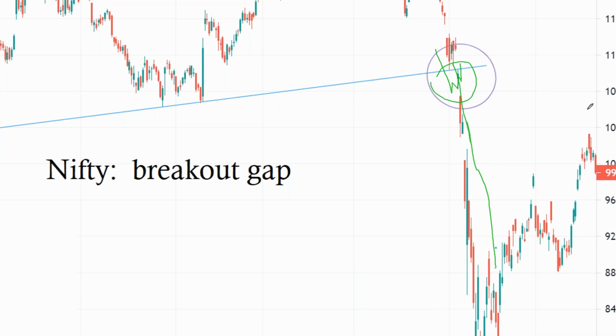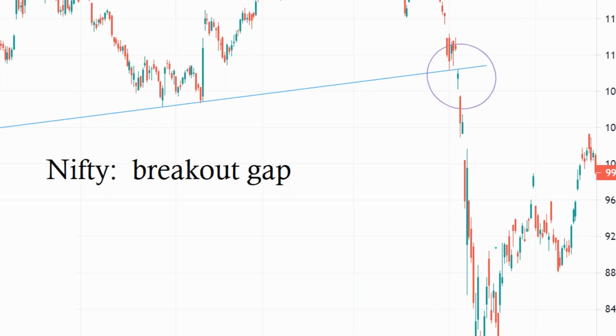Again, over here, I would like to reiterate that anywhere in the zone of the gap can act like a cushion. Now you will say, sir, how come anywhere in the zone of the gap? What will be my stop loss? How will I trade it? Now listen.